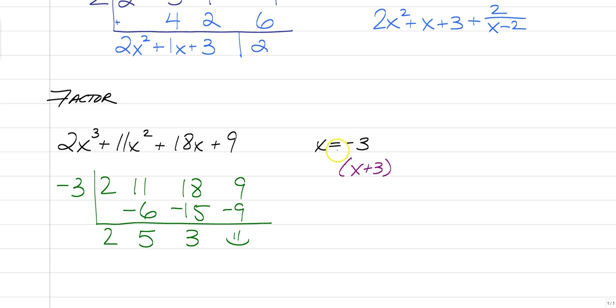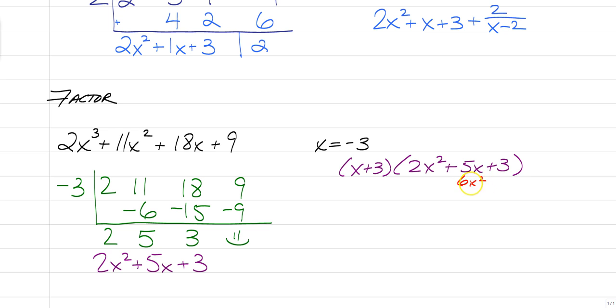You have to remember where negative 3 came from. So it came from x plus 3. So now we have 2x squared plus 5x plus 3. And if we're going to continue factoring, we're going to put it over here, 2x squared plus 5x plus 3, we can continue now. This can be factored using splitting the middle term.